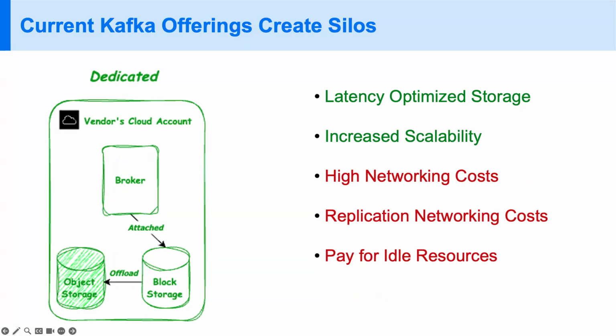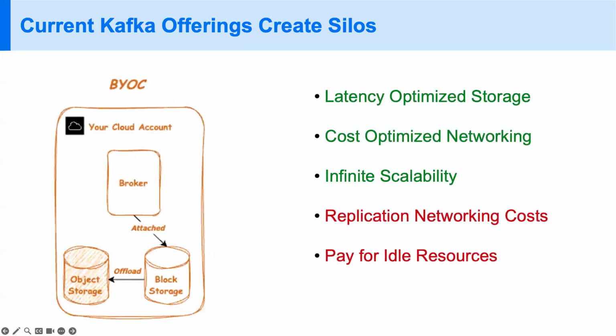But it's in the cloud vendor account, so you're going to be paying that premium tier data access for the data egress out. And you are going to incur the data replication networking costs now as well, because you're using your traditional deployment model where you have brokers and leader-follower replication. And as I mentioned before, you have the idle resources. So there's a minimum fixed spend, but you can scale up as large as you need in these types of environments.